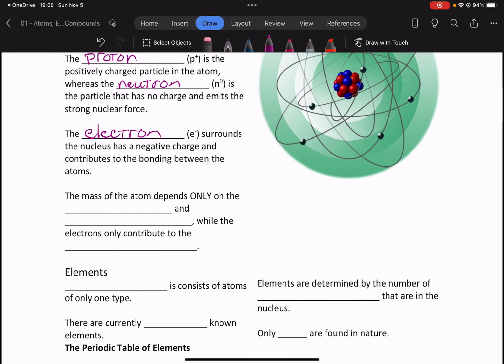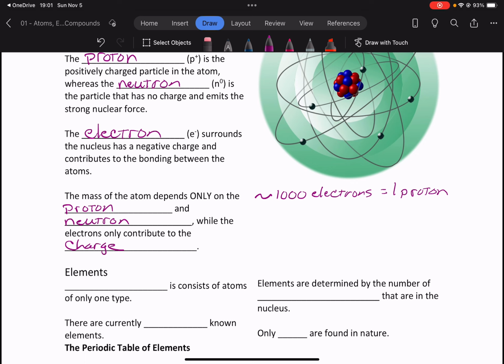As for the mass of any atom, the electron is so small that the mass is only based on the proton and the neutron. We just say that because they're so much larger than the electron, so the electrons have no effect on the mass. It takes about 1,000 electrons to equal the mass of one proton.